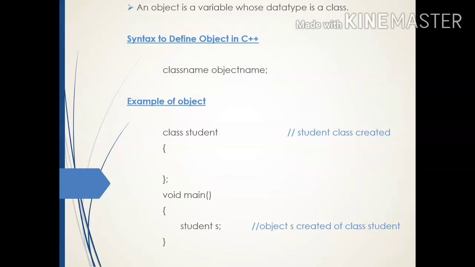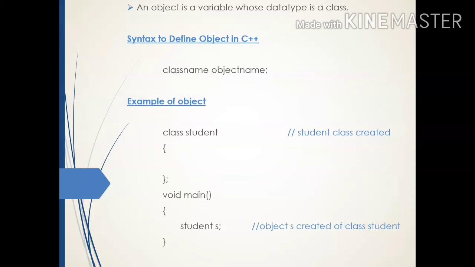Now see the syntax to define object or to declare object in C++. Syntax is class name space object name semicolon. Here object name can be anything except C++ keywords.